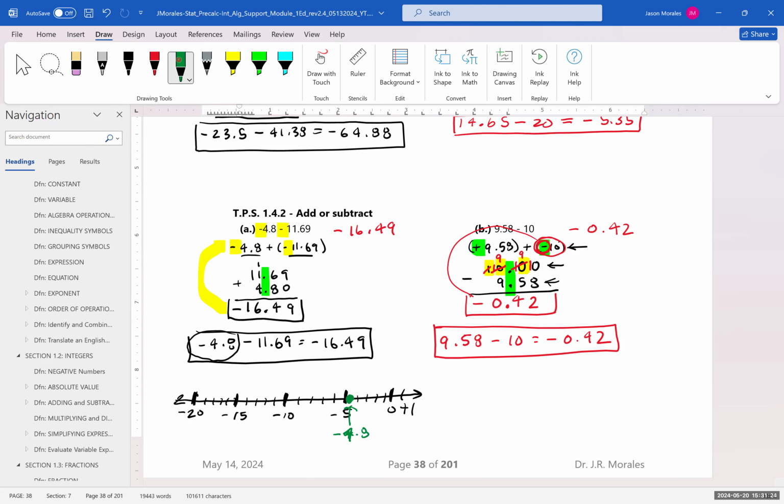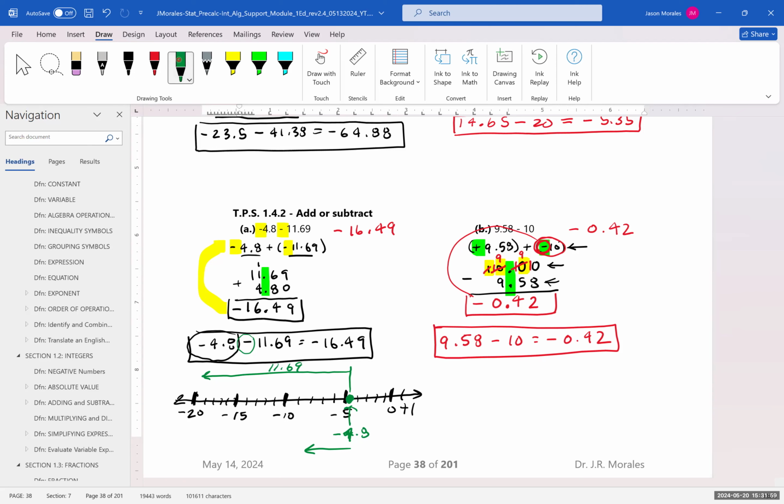Now we're subtracting 11.69, and since we're subtracting 11.69, that means we're going to be going in a negative direction, which is to the left. So from -4.8 here, we're going to go to the left a distance of 11.69.